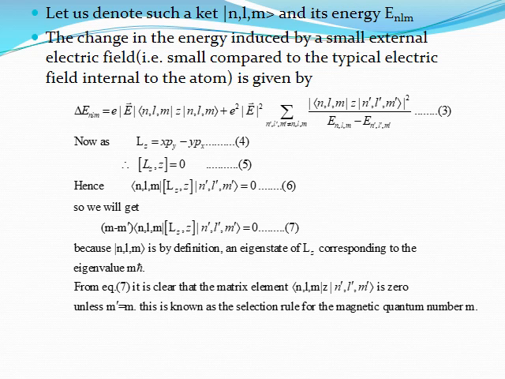This represents equation 7, because the ket |nlm⟩ is by definition an eigenstate of Lz corresponding to the eigenvalue mħ. From equation 7, it is clear that the matrix element is 0 unless m' is equal to m. This is known as the selection rule for the magnetic quantum number m.